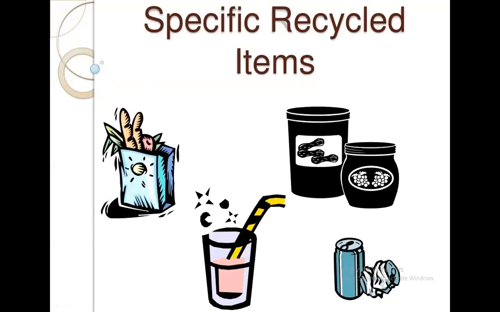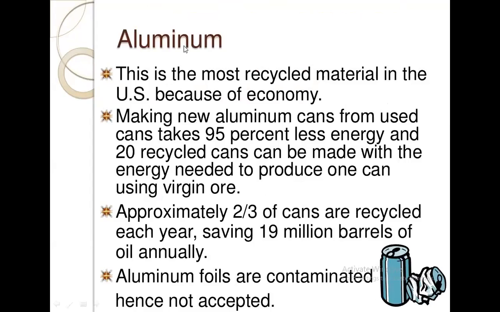Okay. In that, different items are there which are recyclable. See this, these are the waste products. From this waste, the materials are reused and recycled. First is aluminum, which is recyclable.